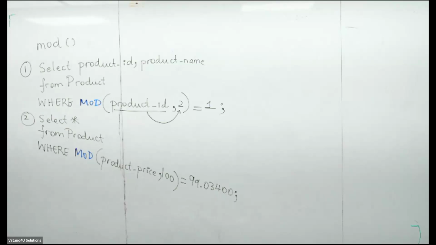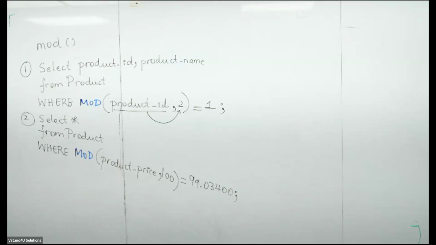Now, is this raw data or is the data already present? Raw data, yes. How will you write the query for this? Select modulus of 1, 2, 3, 2. And you have to get the remainder.